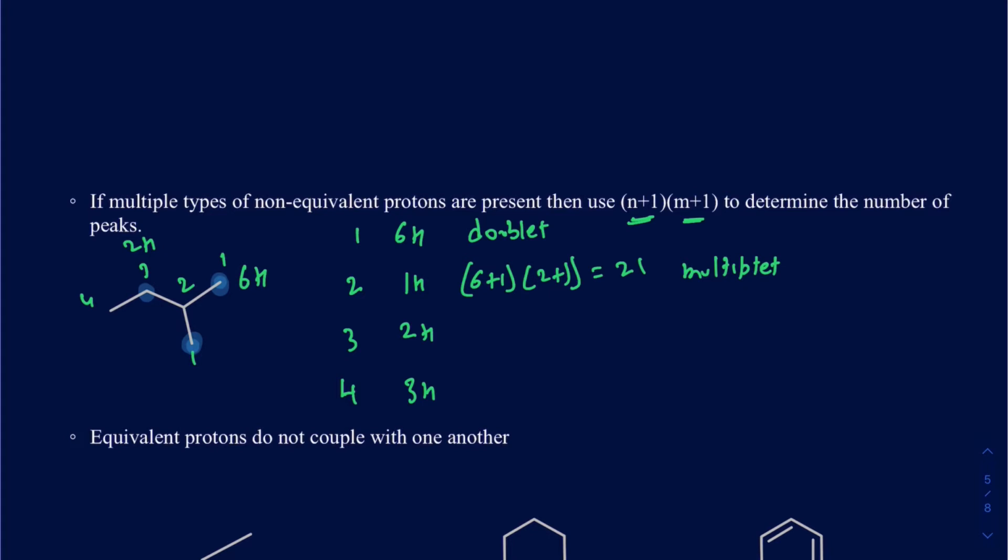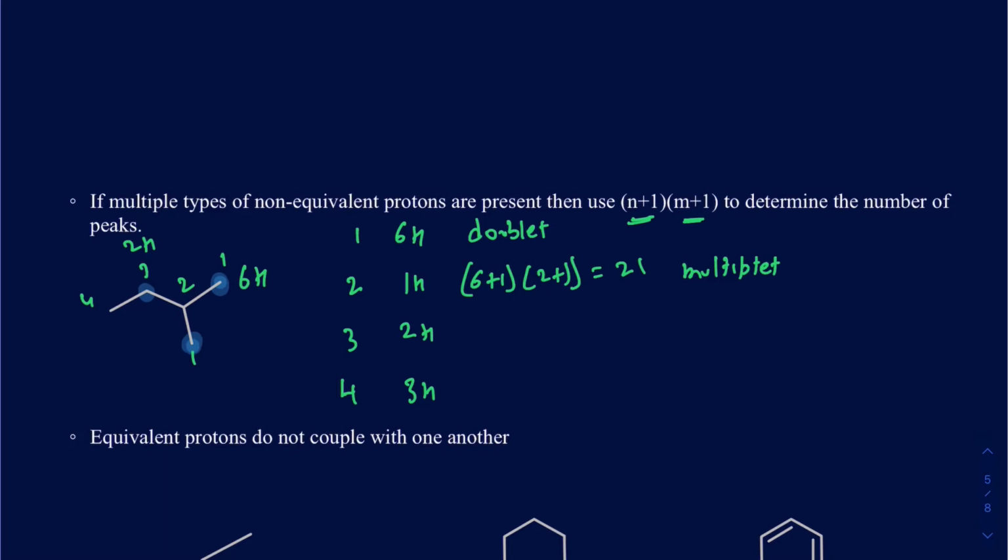Now, sometimes if the coupling constants of these carbon 1 protons and carbon 3 protons are the same, then you can add them up together. So in that case, I would have 6 protons on carbon 1s, and 2 protons on carbon 3, so that makes a total of 8 protons, and then I can simply use the n plus 1 formula, which tells you there are going to be 9 peaks in that particular case, even though they are really not 9 peaks.